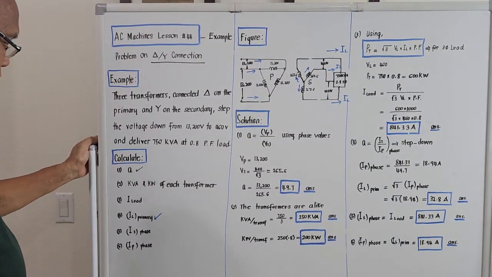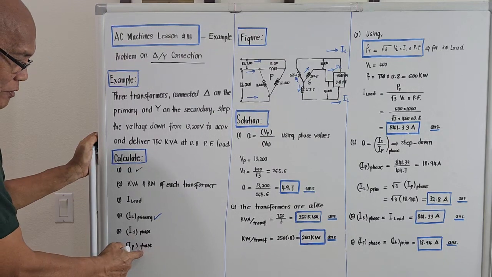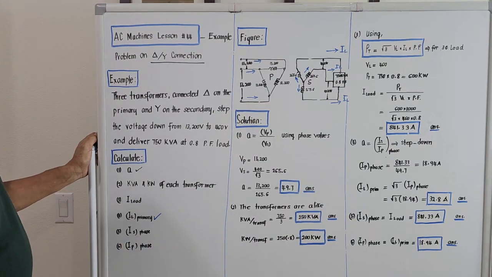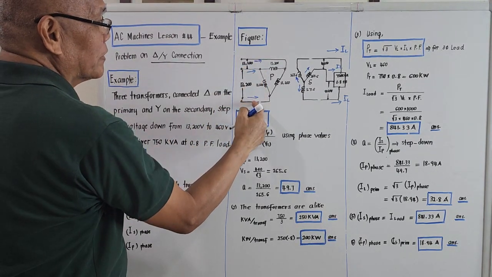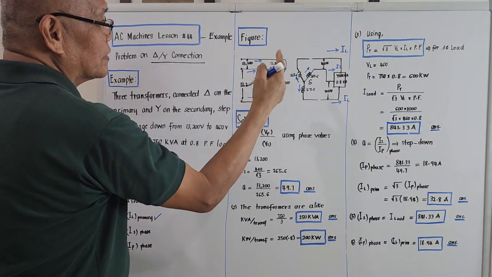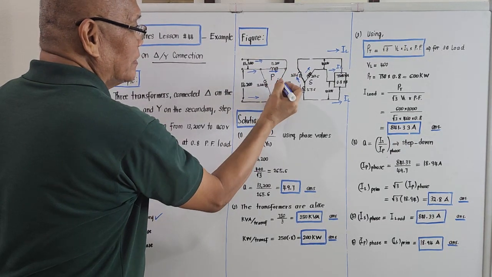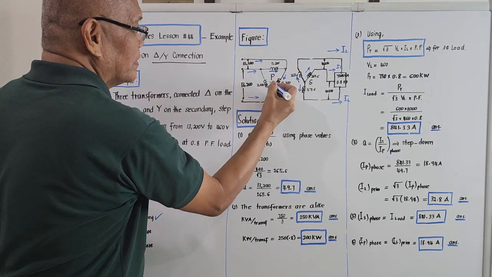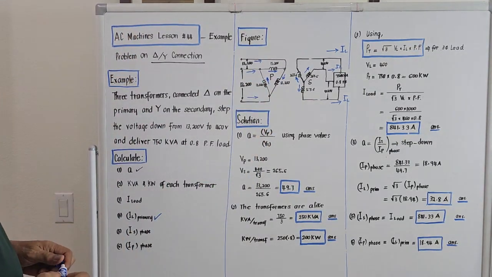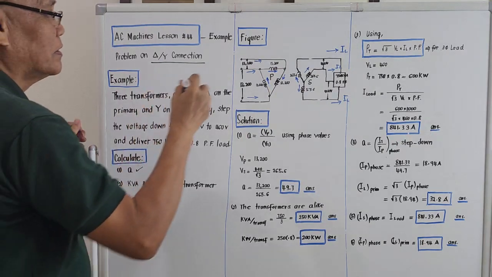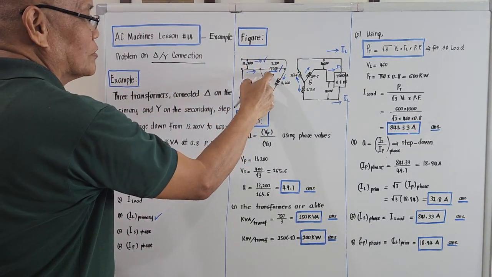The last one is the capital letter I with the subscript P, again, phase value. If these are line currents on the primary, the phase current on the primary will be this one. Actually, these two values here are different because the connection is delta.